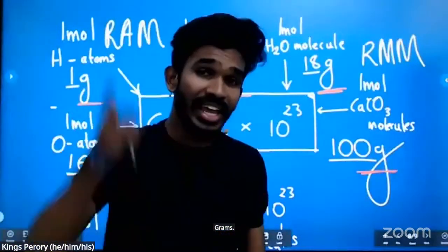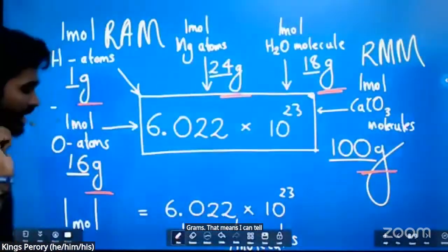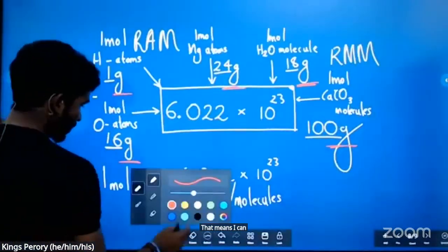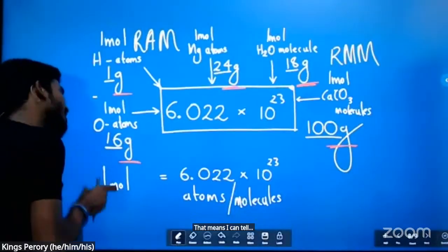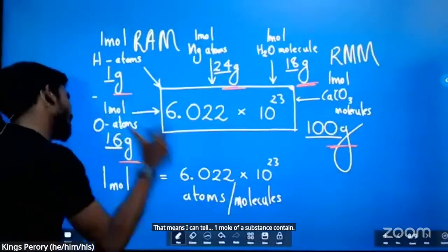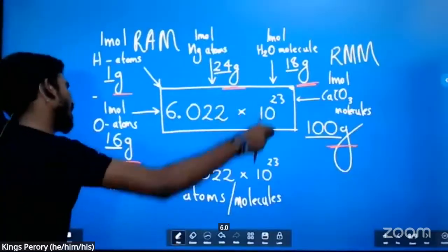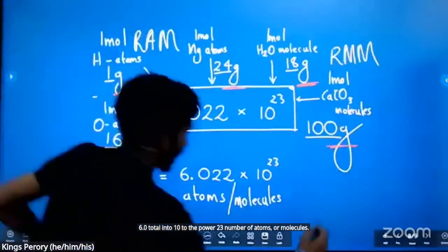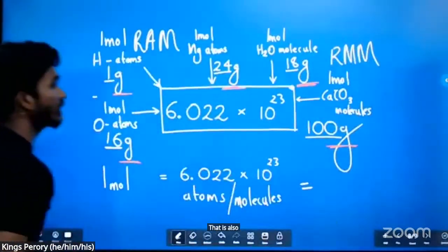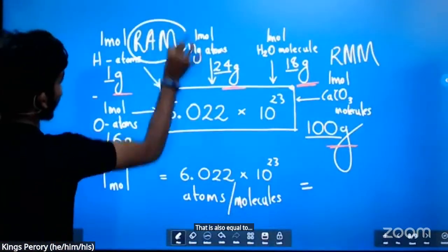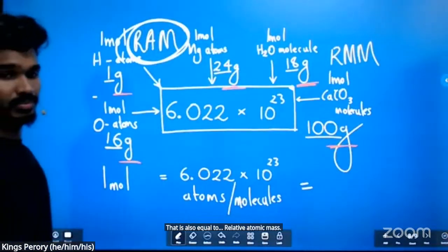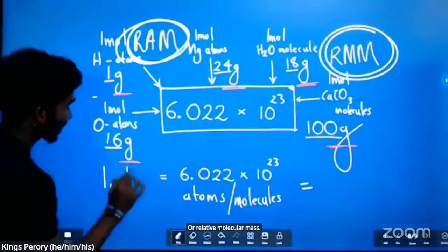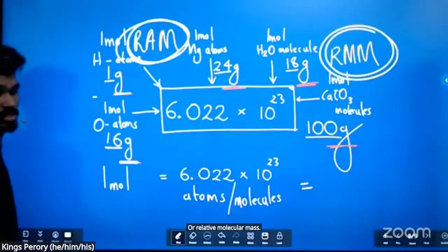That means, listen, now the last connection. I can tell that 1 mole of a substance contains 6.022 into 10 to the power 23 number of atoms or molecules. That is also equal to relative atomic mass or relative molecular mass in grams.